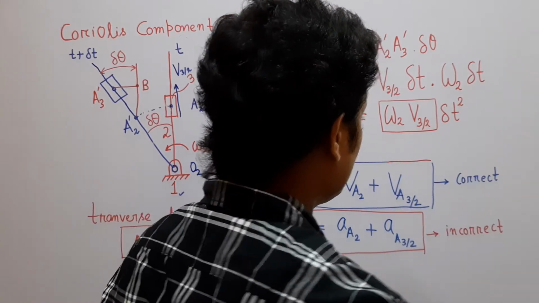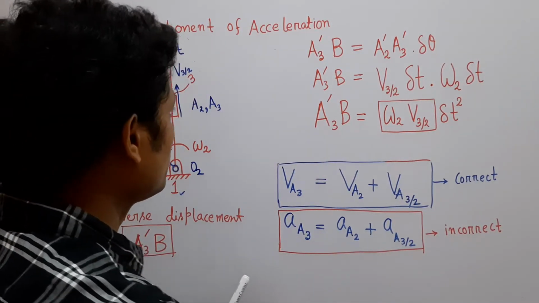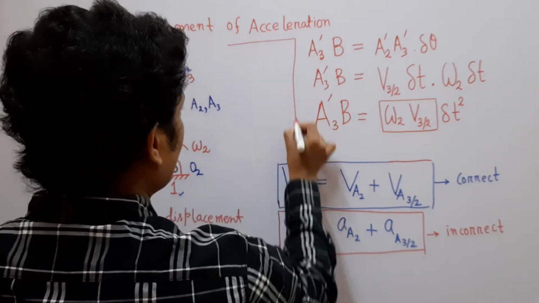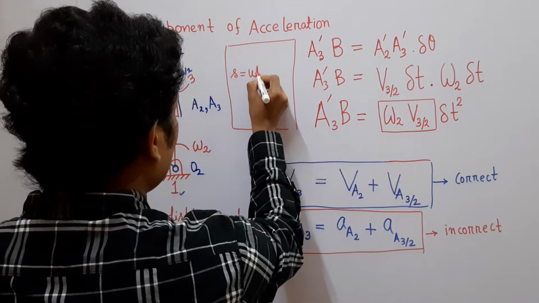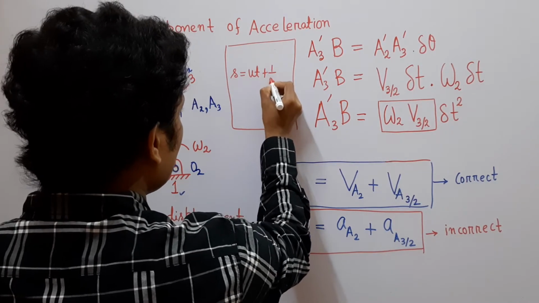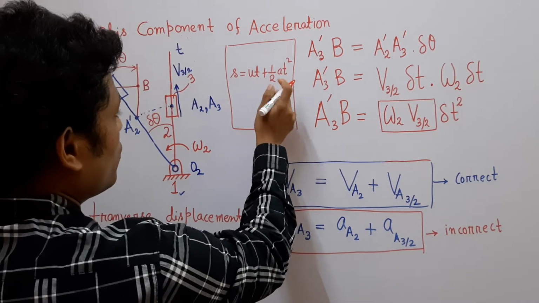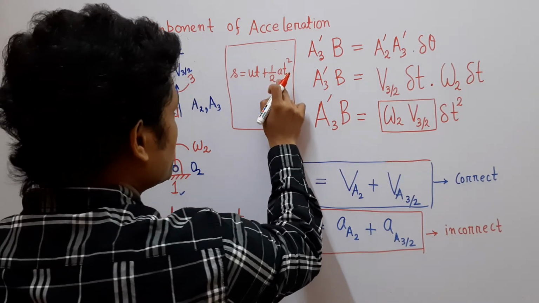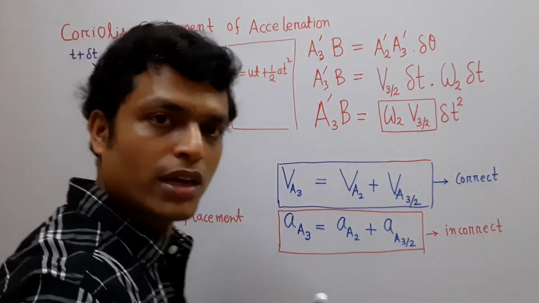When is displacement proportional to time square? We know the equation, let me write here, S equals ut plus half at square. When the other factor is the acceleration, then the displacement is proportional to time square.